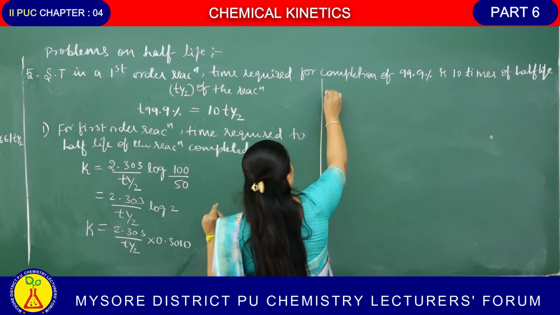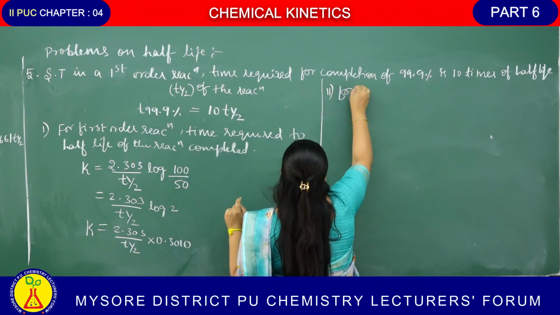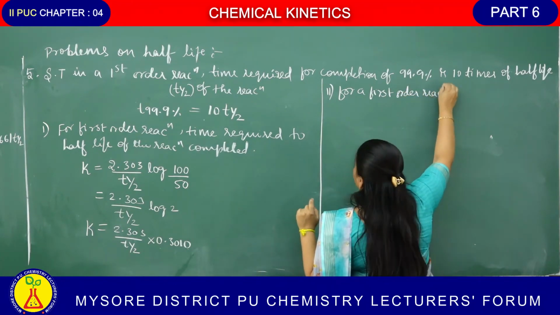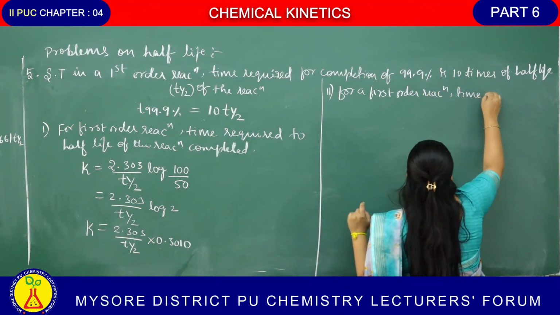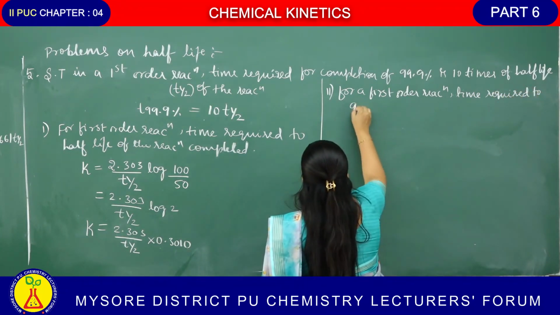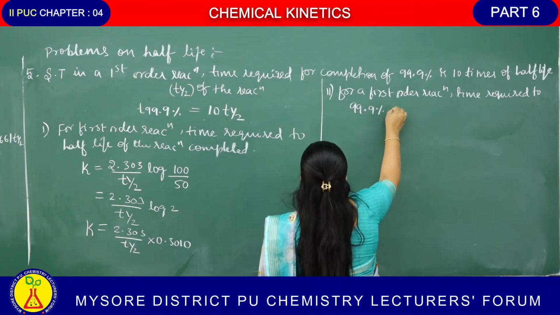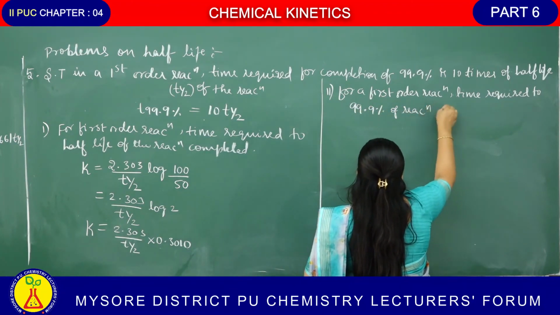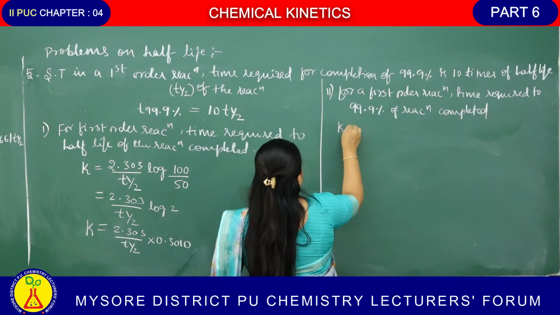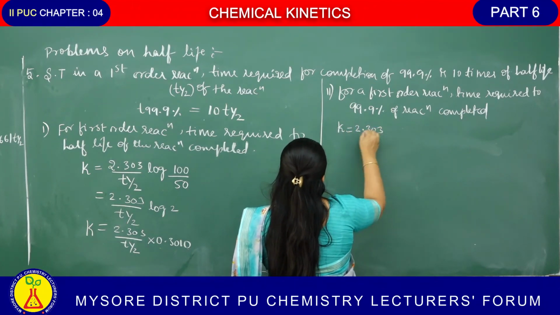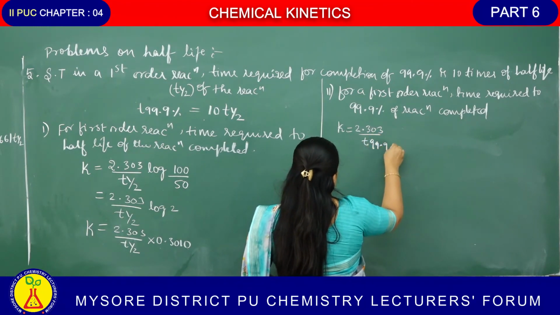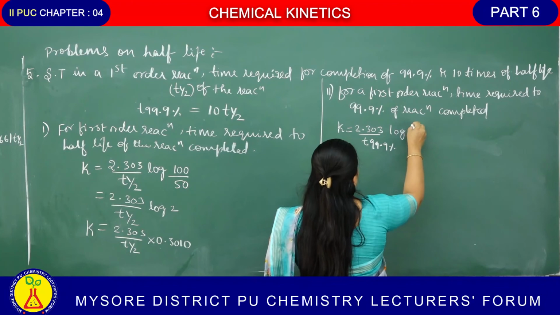Next, we have to calculate for a first order reaction the time required for 99.9% of the reaction to be completed. Same way, K is equal to 2.303 divided by t 99.9% log R naught.